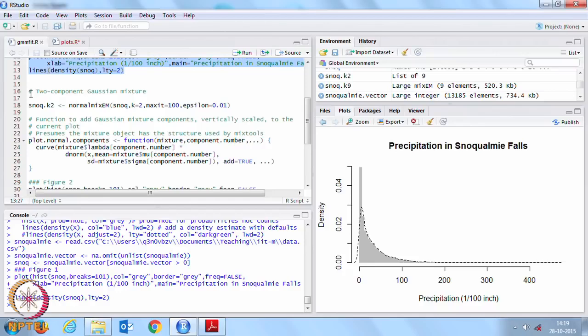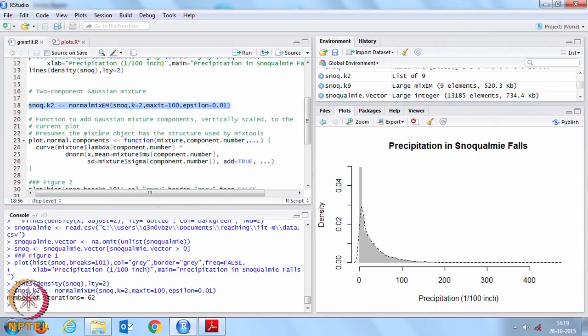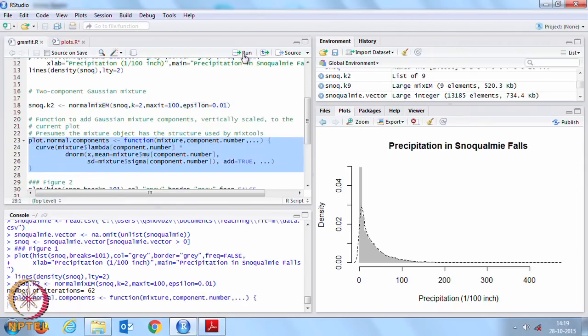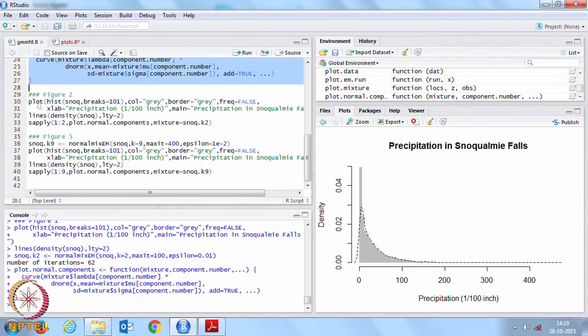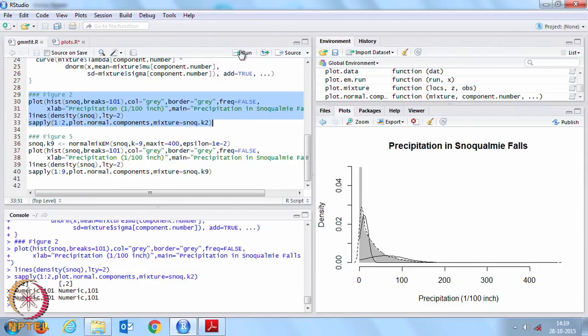Suppose we want to model this density. We can model this with a Gaussian mixture, and let us see how it looks when we do it with a Gaussian mixture with two components. So, we are trying to model this with a Gaussian mixture. This is one Gaussian and this is another Gaussian.